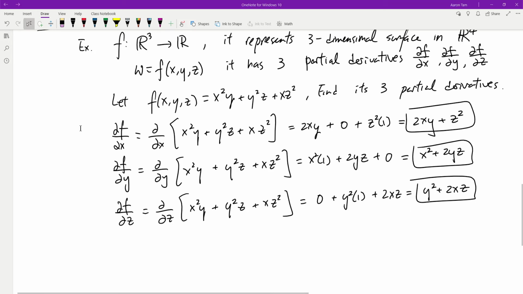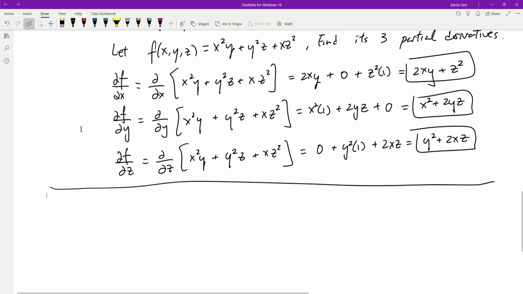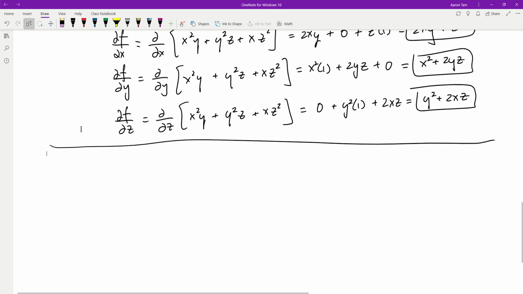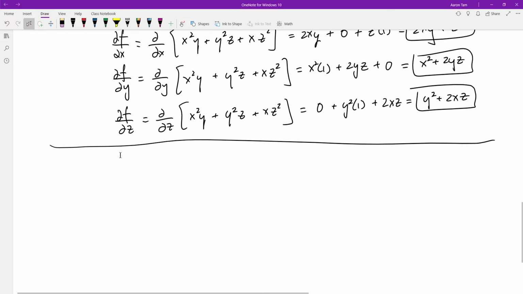Alright, so now one last thing I want to talk to you about, and that would be all that I want to talk about for today. So hopefully we can end before the 30 minute mark. So here, if you look at what we have seen so far with these two examples, notice the following.